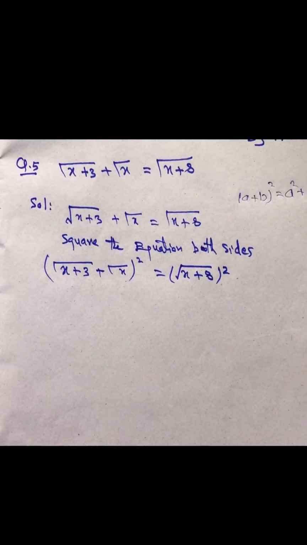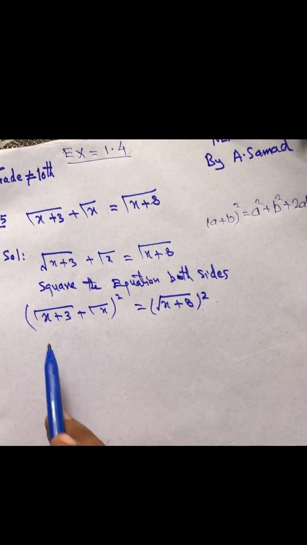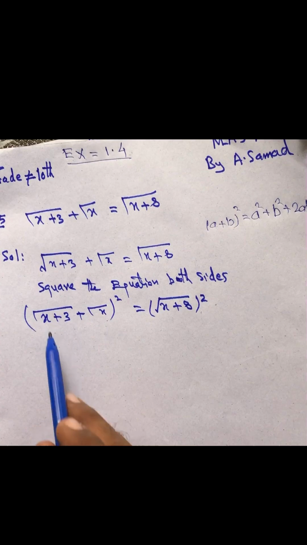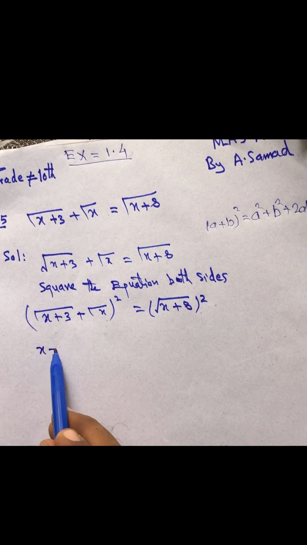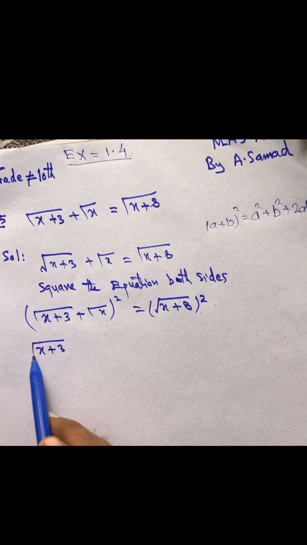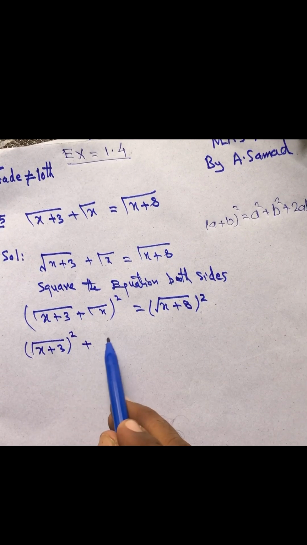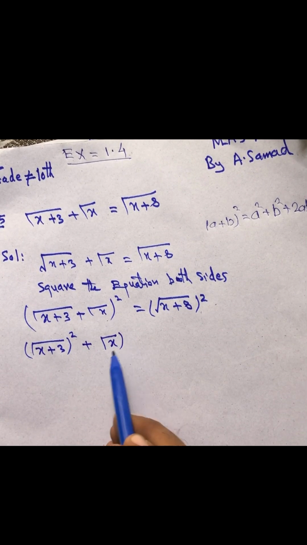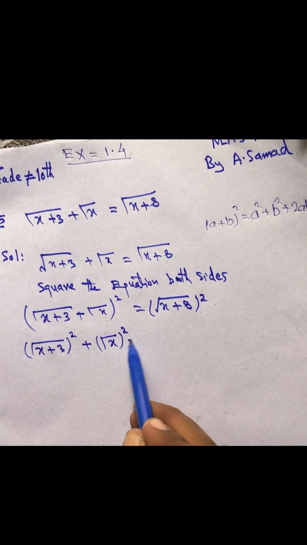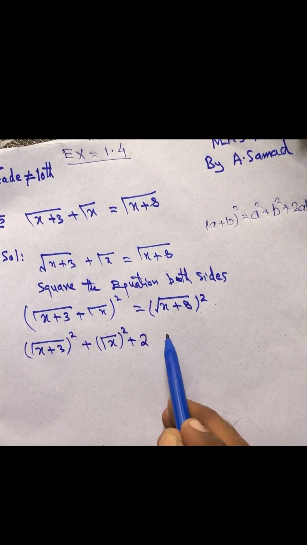Similarly, here also we are going to open this one. We consider square root of x plus 3 as our a, so we can write square root of x plus 3, squared, that is a square, plus square root of x squared, that is b square, plus 2a.